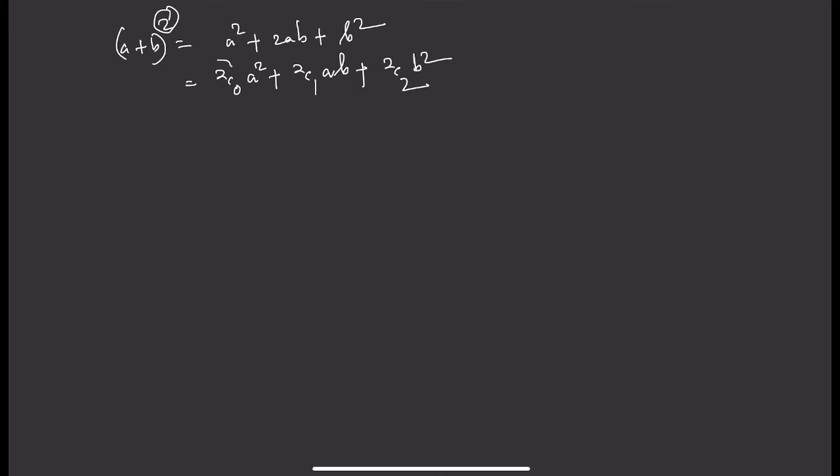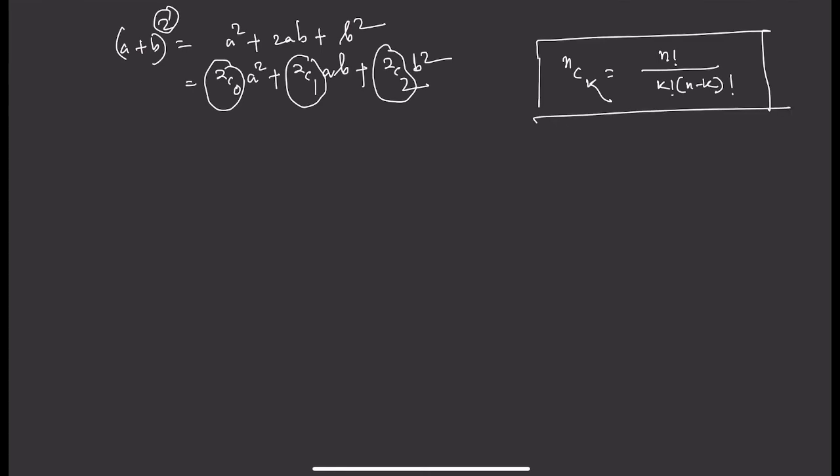These are the coefficients. These coefficients are in terms of these combinations. How? nCk. This combination is n factorial divided by k factorial into n minus k factorial. This is the combination notation.